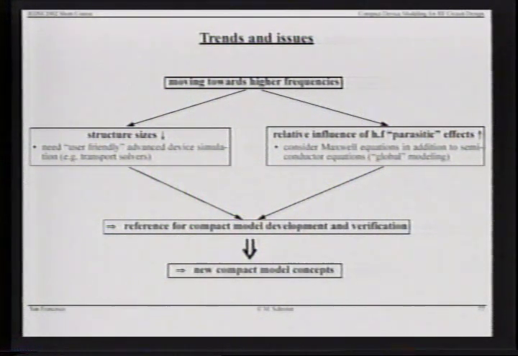And this is also basically a consequence of a reduction of structure sizes. And on the other hand, if we increase frequencies, then we get a much larger relative impact of parasitics, as we have seen, for instance, the substrate coupling. It is unavoidable, and it becomes more and more important at high frequencies.